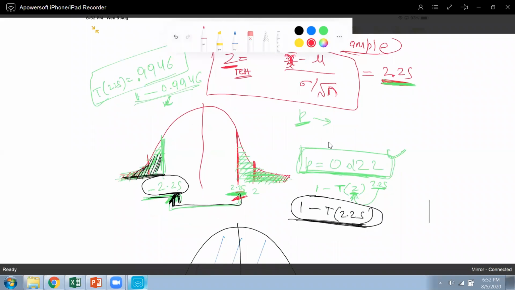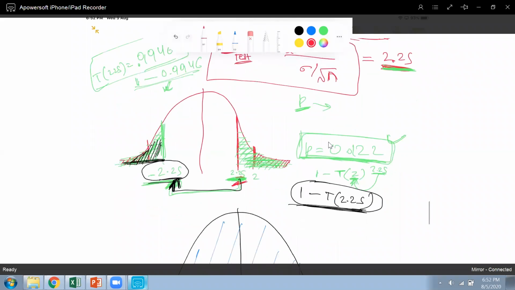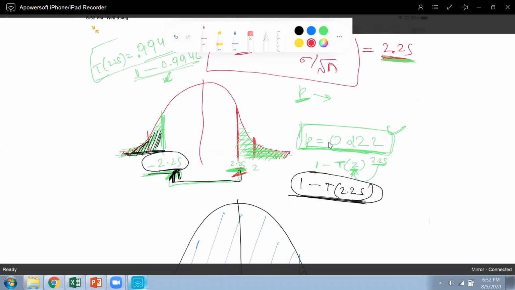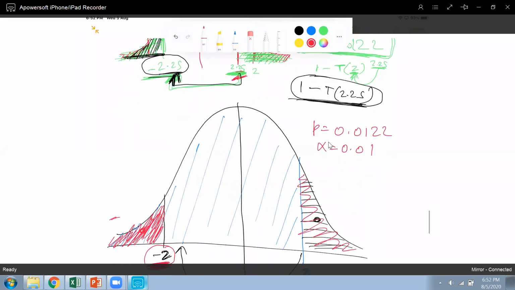Now I have got the value, that is 0.0122, and the significance level was 0.01. Can you tell me whether I should accept the null hypothesis or reject? Alpha is this and p value is this.